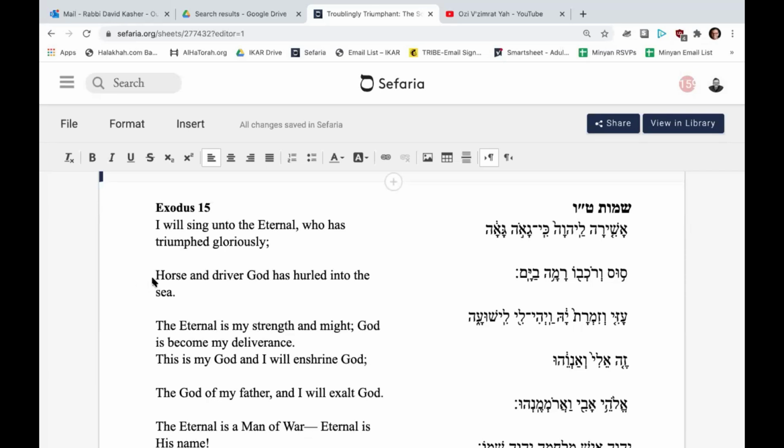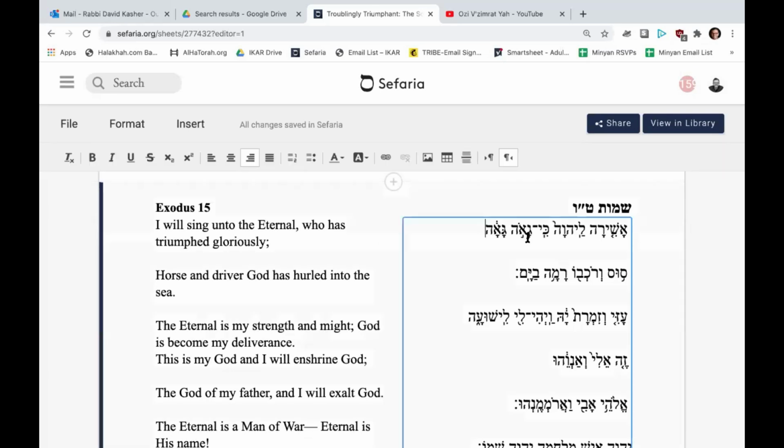The one translation thing that is totally lost here is the words ga'o ga'a, which is a Hebrew idiom, a way of repeating a verb to give it emphasis. And the word there, ga'a, or geut, is what we might translate as pride or glory, right?